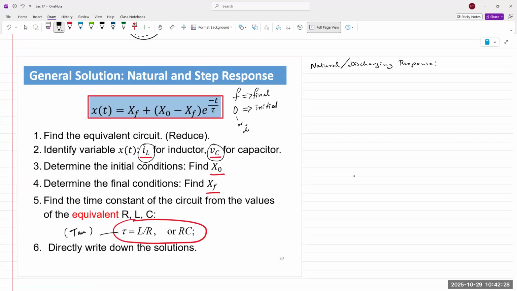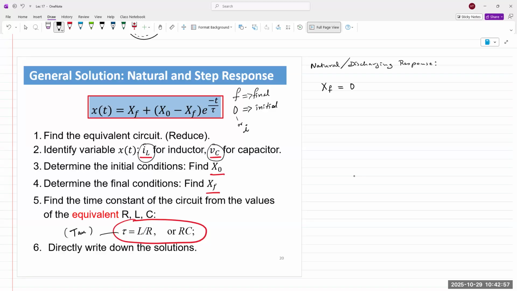Automatically you should recall that the component is charged. It has some stored energy. It is now releasing or discharging that energy. So when it's releasing, the final value is always 0.